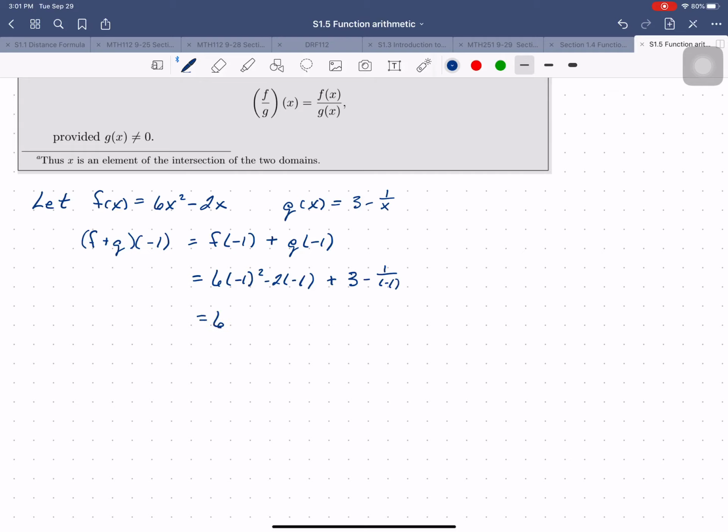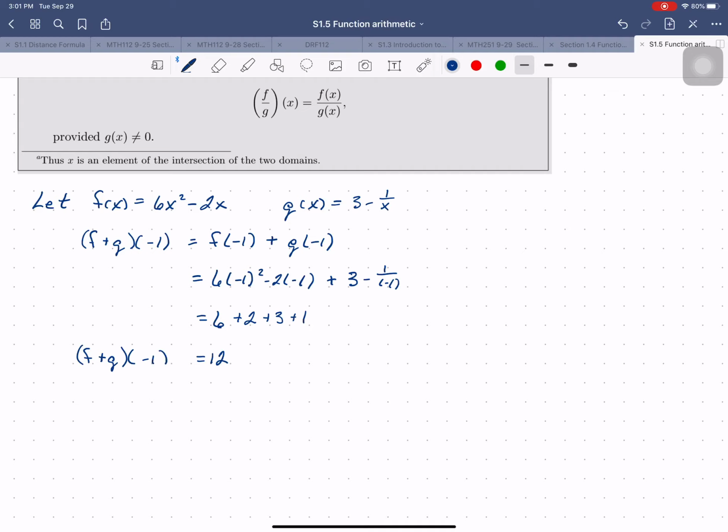Negative 1 squared is just 1, times 6 is 6, plus 2, plus 3 plus 1, which is 8, 9, 12. Right?